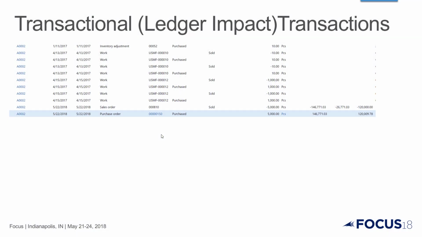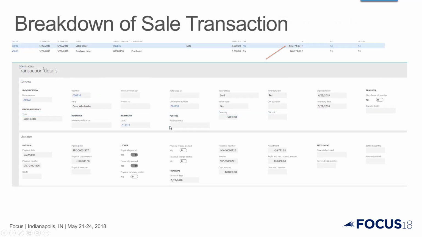GL and costing details. Again, what we're seeing here is the purchase and sold. And going back, you see your sales transaction. What we're showing you here is the sales transaction before we run our adjustment process or recalculation process.